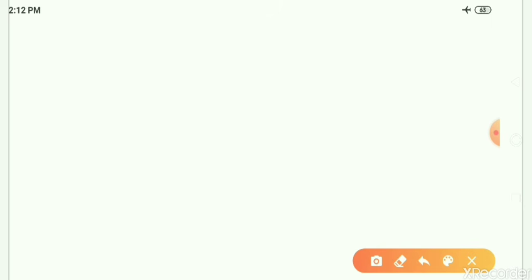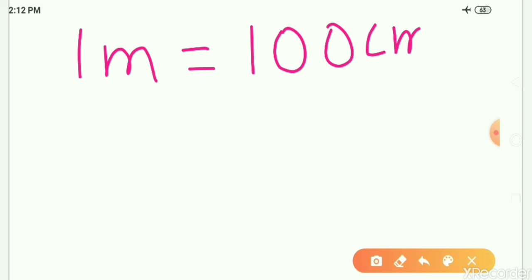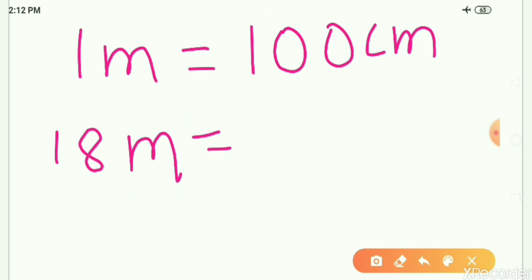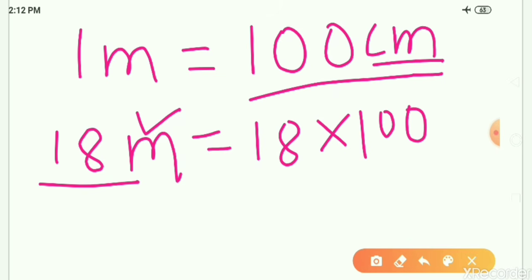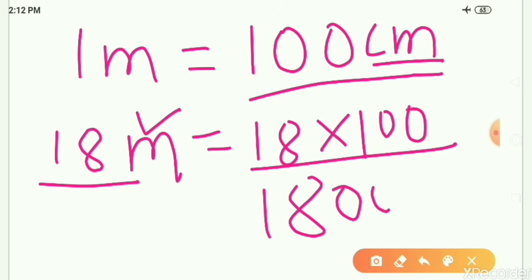But multiply with what? As you know, 1 meter makes 100 centimeter. So 18 meter is equal to 18 multiplied by 100, which gives 1800 centimeter. Is it clear? Good.